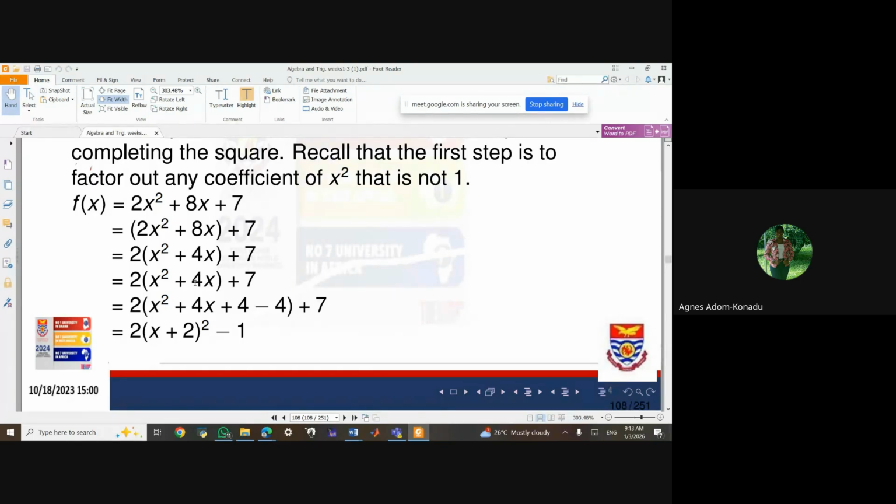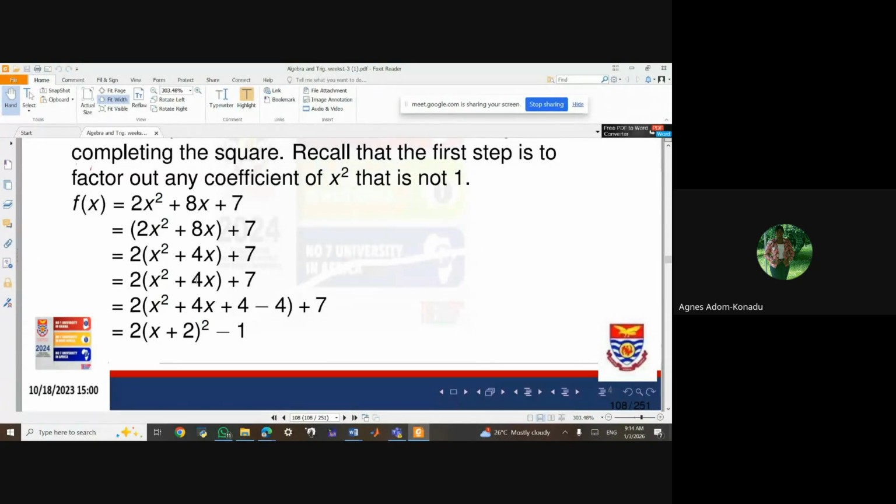To complete the square, we divide the coefficient of x by 2. The coefficient of x here is 4. We divide it by 2 and get 2. We square the 2, which is 4, then we add and subtract it, so I've not done anything to the question.